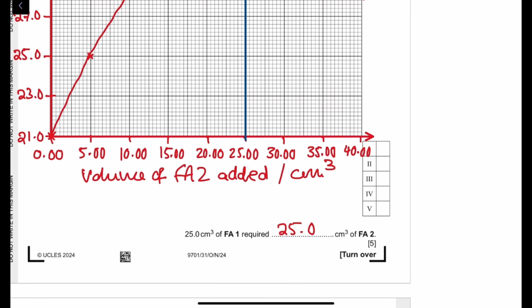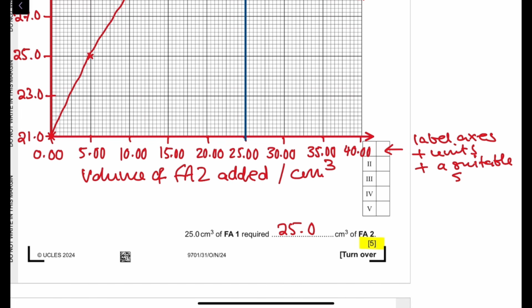Now this question was worth 5 marks, so let's take a look at what each mark is for. So for the first mark, we needed to label our axes and provide their units and use a suitable scale.